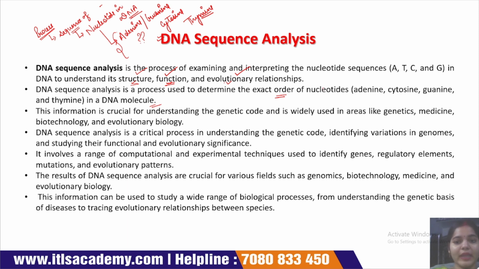There are four types of nucleotides: adenine, cytosine, guanine, and thymine. This information is crucial for understanding the genetic code and is widely used in genetics, medicine, biotechnology, and evolutionary biology.